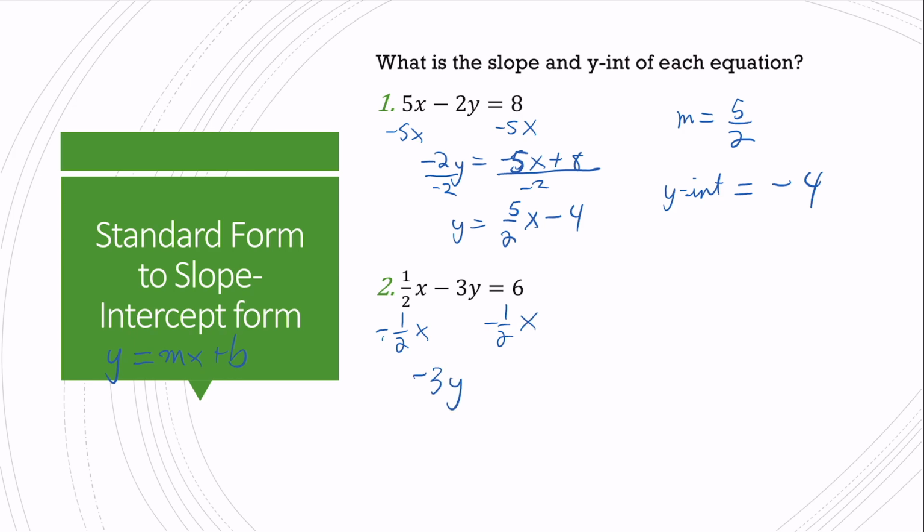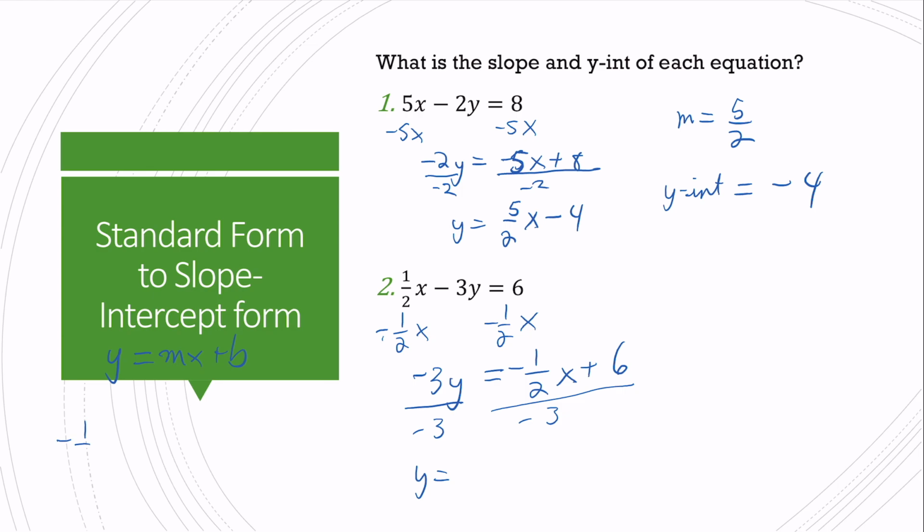I get negative 3y is negative 1/2 x plus 6. I'm going to go ahead and divide both sides by negative 3. So I get y equals negative 1/2 divided by negative 3.